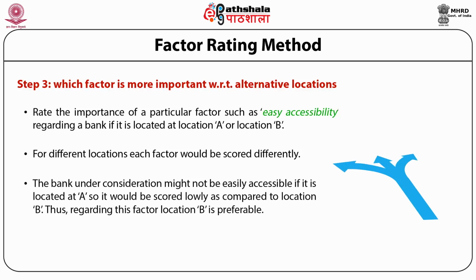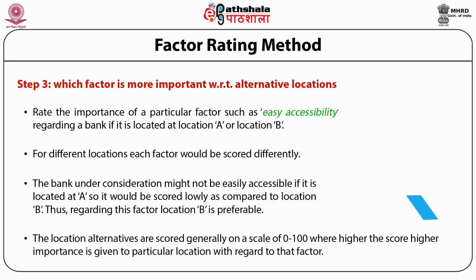The bank under consideration might not be easily accessible if it is located at A, so it would be scored lowly as compared to B. Thus, regarding this factor, location B is preferable. The location alternatives are generally scored on a scale of 0 to 100, where the higher the score, the higher the importance given to a particular location with regard to that factor.